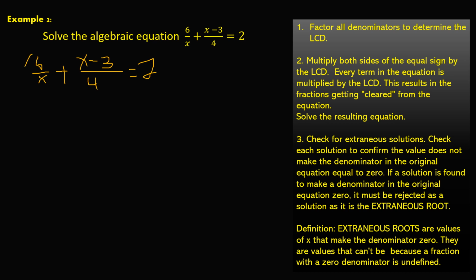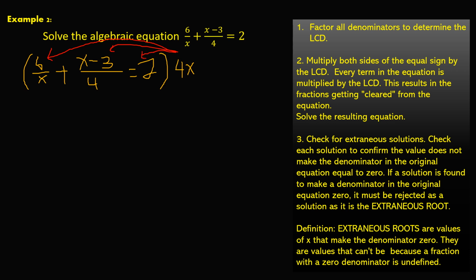So the whole LCD is taking the denominators, 4x or x times 4, that's 4x, then just multiply the whole LCD to the terms in the equation by distribution.